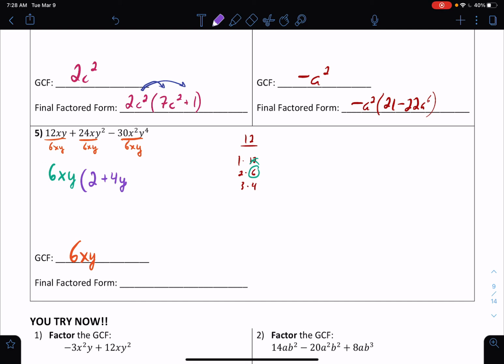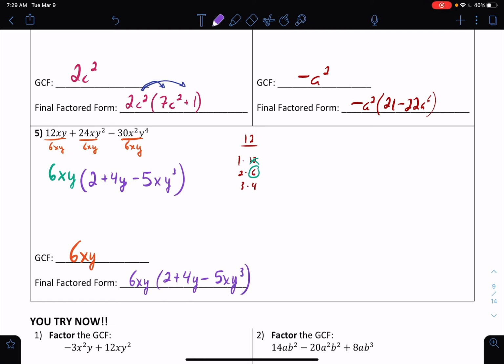And then for this last one, we got negative 30 divided by 6, which is negative 5. X squared divided by x, which is just x. And y to the fourth divided by y. So I'm taking one y away, which means there's going to be y to the third left over. All right, so our final factored form is 6xy times 2 plus 4y minus 5xy to the third.